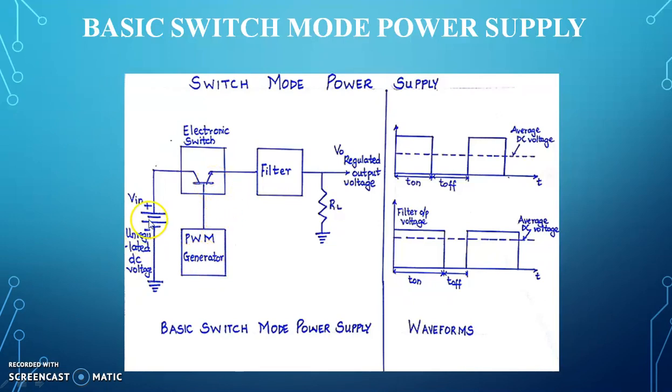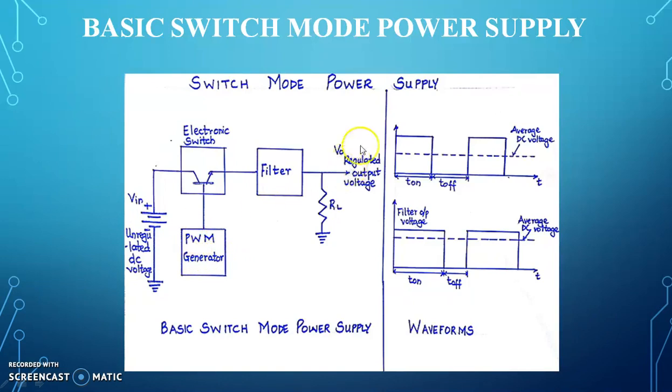Over here, we have the Vin unregulated DC voltage given to the switch and PWM, that is pulse width modulation generator, which generates rectangular pulses to the electronic switch. So, the PWM generator will generate rectangular pulse.